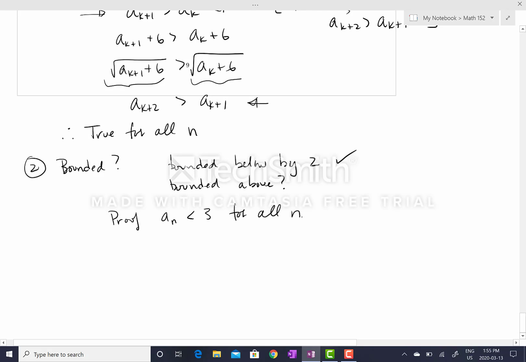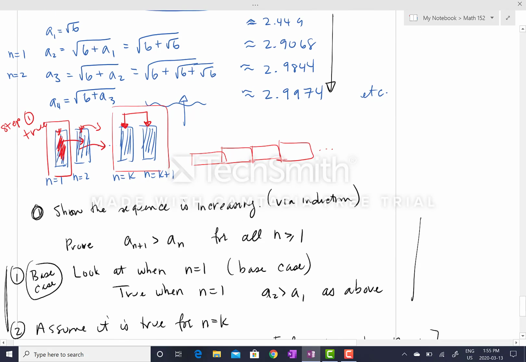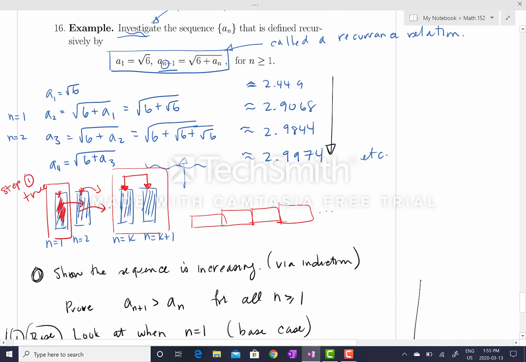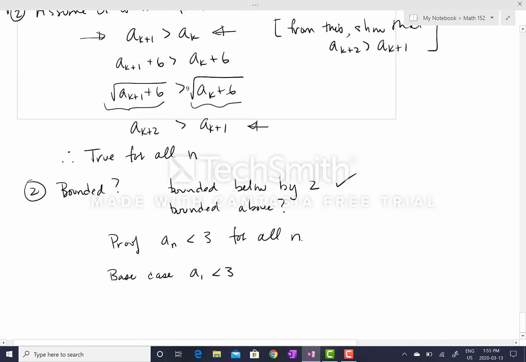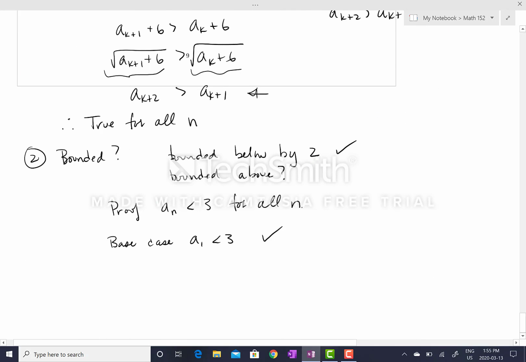Let's do the same thing. Base case: a_1 is less than 3. We know what a_1 is. Let me just scroll back. a_1 is 2.44. It's clearly less than 3. The base case is true by direct computation. Next, assume a_k is less than 3.